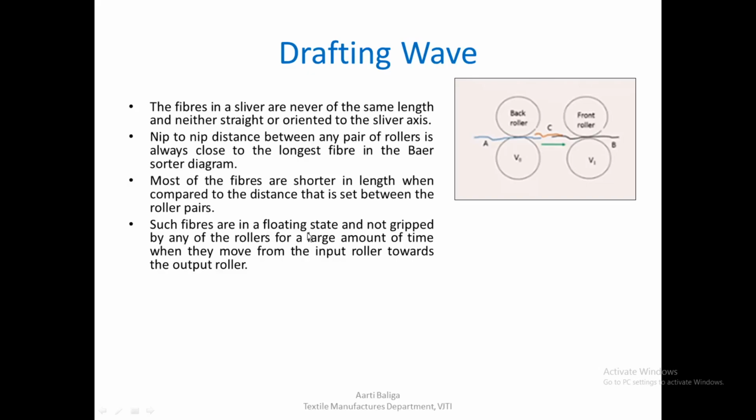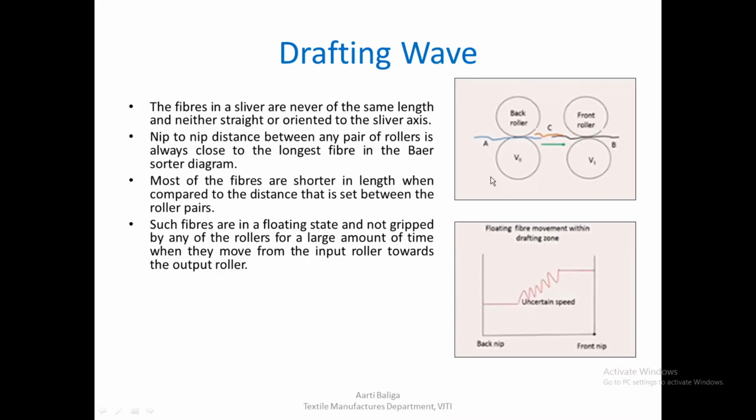So such fibers are in the floating state and not gripped. As you can see, C is not gripped by either pair, and for a large amount of time when they move from the input roller towards the output roller, they would be unguided.